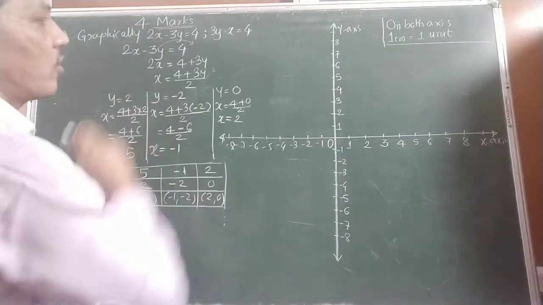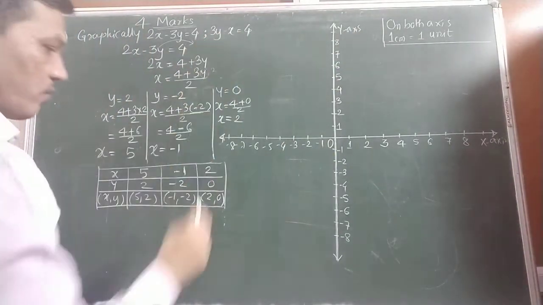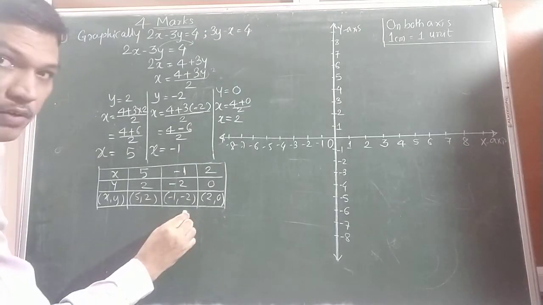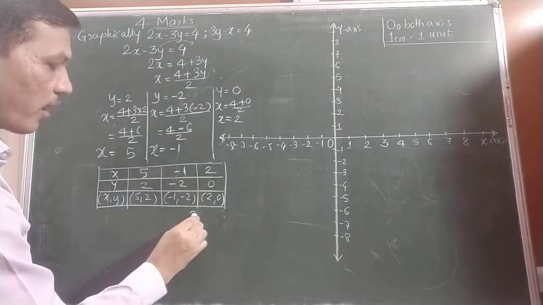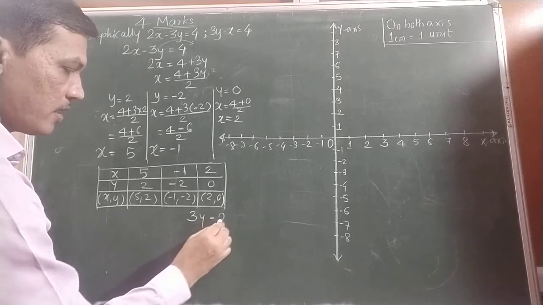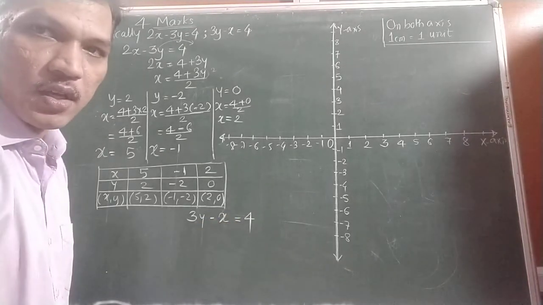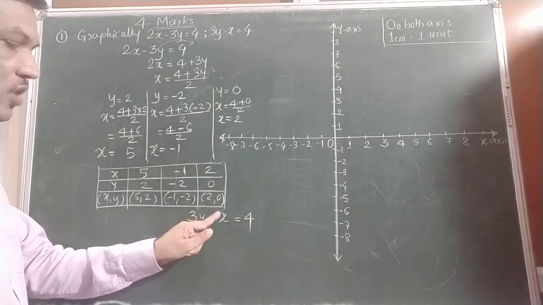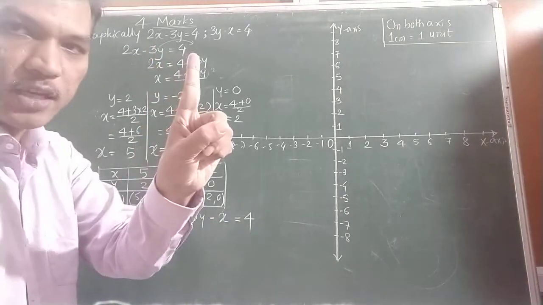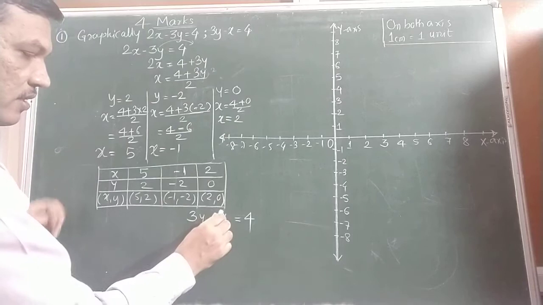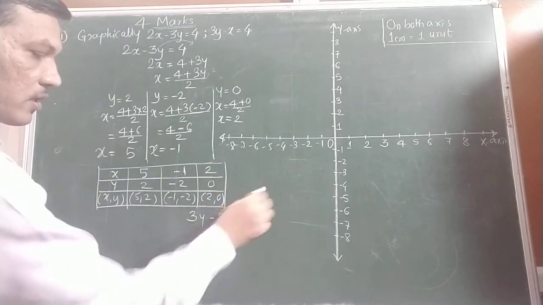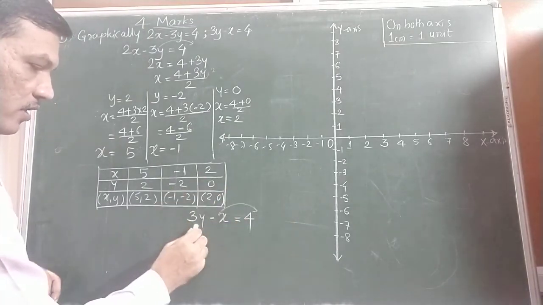Okay. Now I am solving the second equation. What is the second equation? 3y minus x is equal to 4. Now here the value is simple, because minus x is only one variable. So one variable is very easy. You can convert it to plus, minus will become plus, and take 4 to this side.